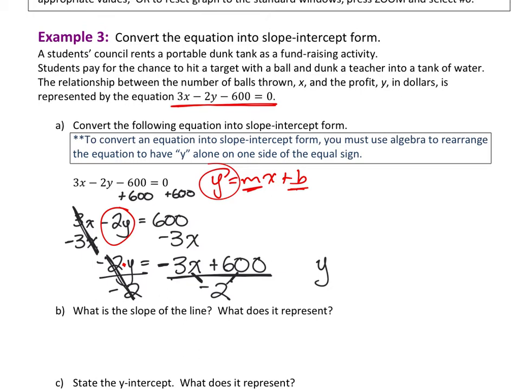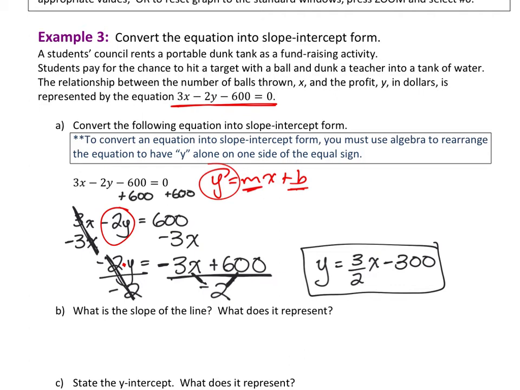So negative 3x divided by negative 2, negative divided by negative is positive, 3 divided by 2 is just 3 over 2, and then the x is still there. Positive 600 divided by negative 2 leaves us with negative 300. So our equation in y equals mx plus b form is y equals 3 over 2x minus 300.